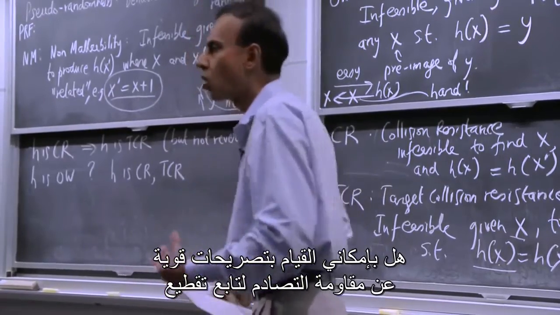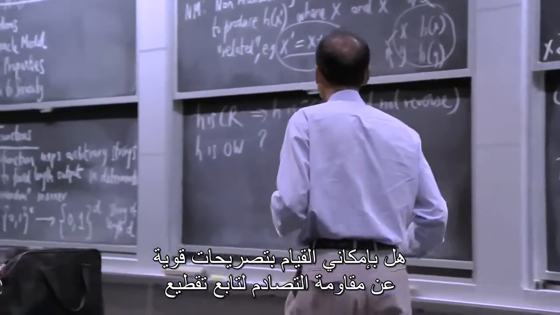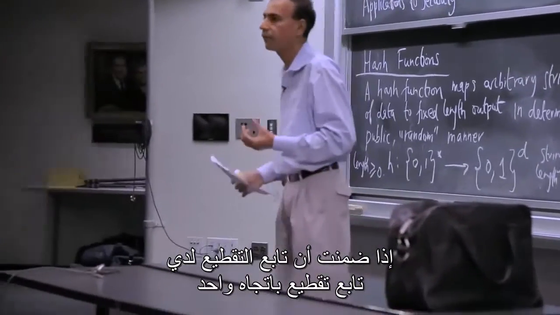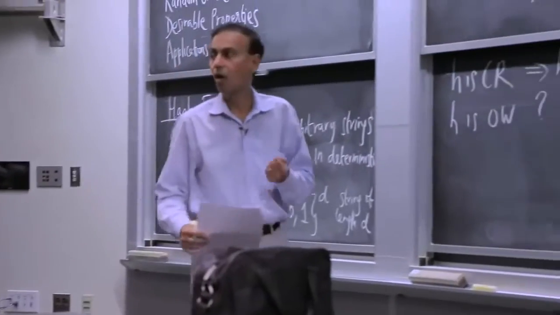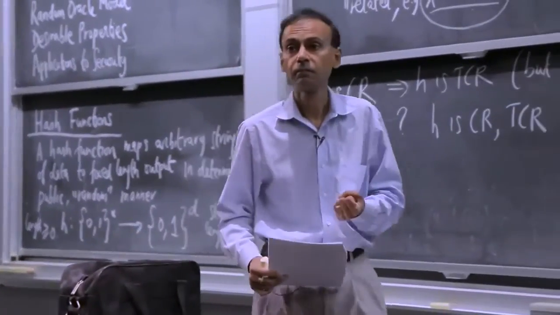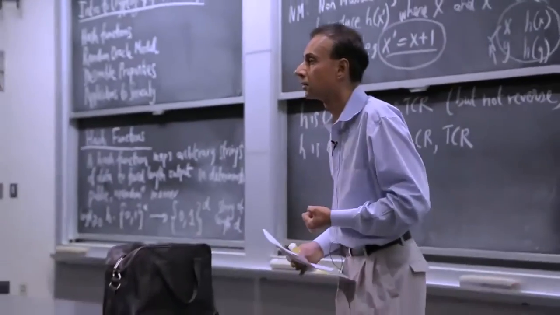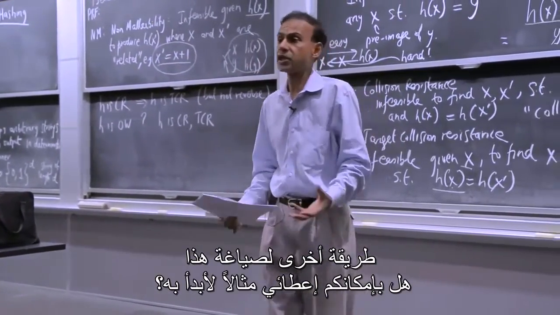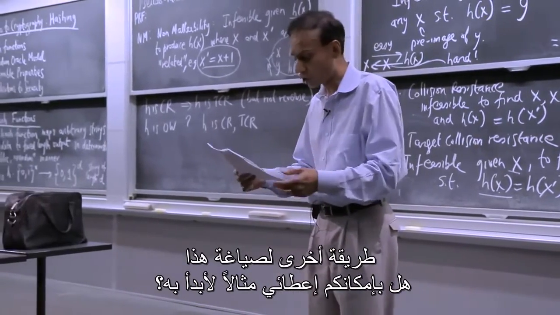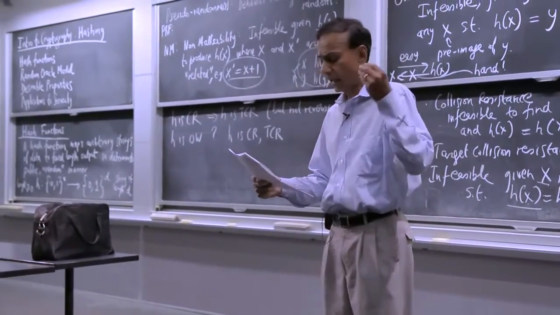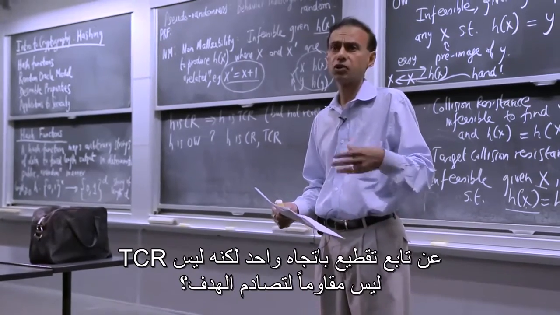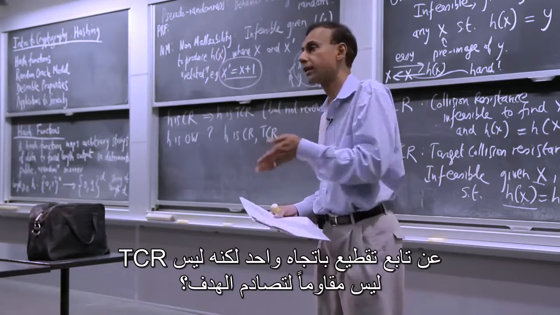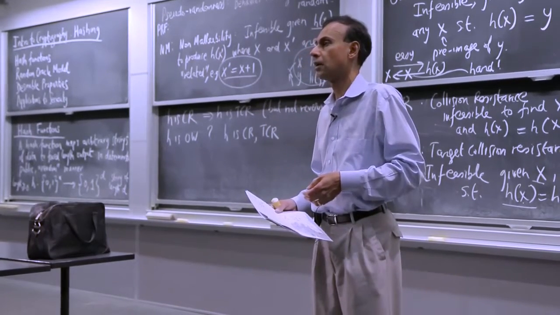Can I make strong statements about the collision resistance of a hash function if I'm guaranteed that it is a one-way hash function, or vice versa? Another way of putting it is, can you give me an example of, just to start with, a hash function which is one way but not TCR, not target collision resistant?